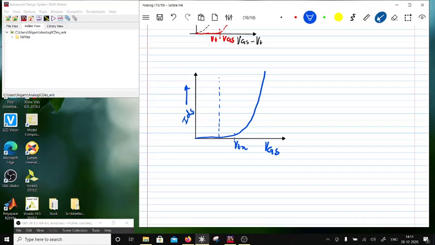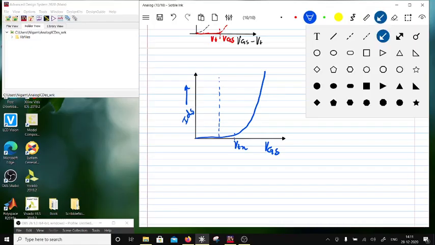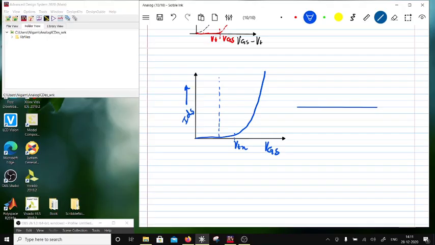This VDS doesn't exist, so the horizontal field doesn't exist, right? So you have the gate, and you have got the source and the drain, right? And VGS is very small.